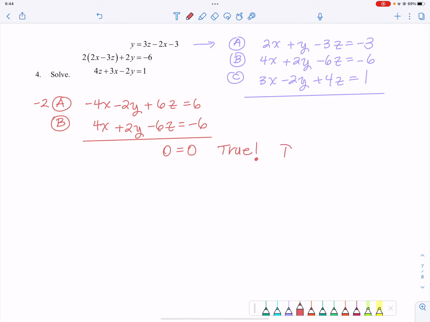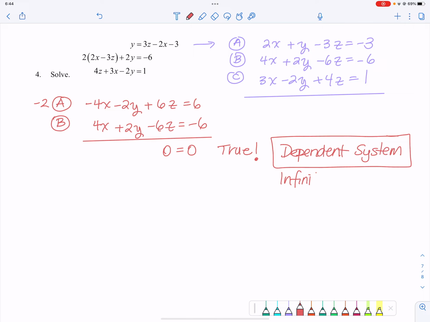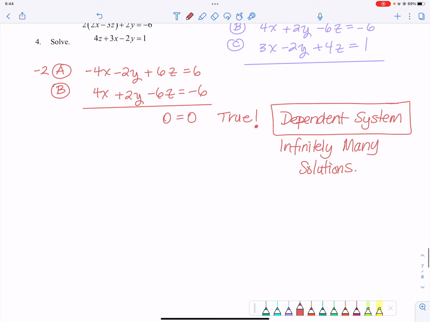So here we have a dependent system. There are infinitely many solutions. Now, how are we going to write these solutions, or the solution?